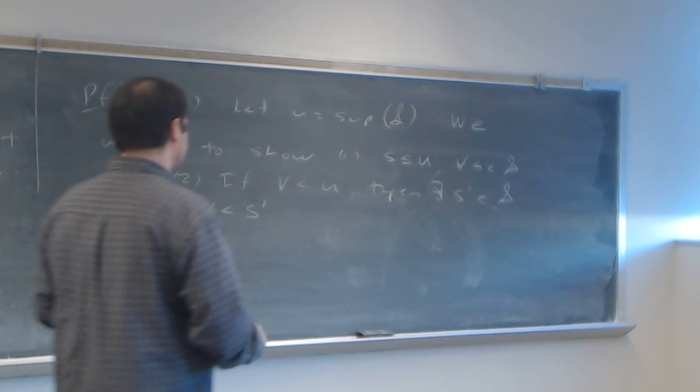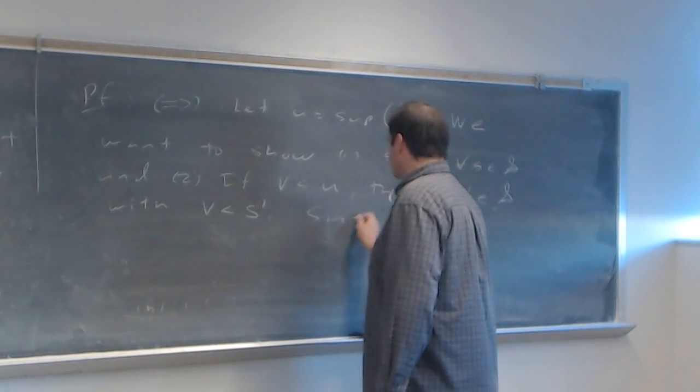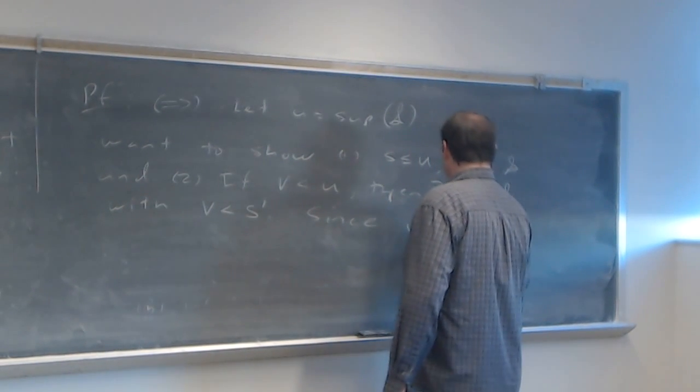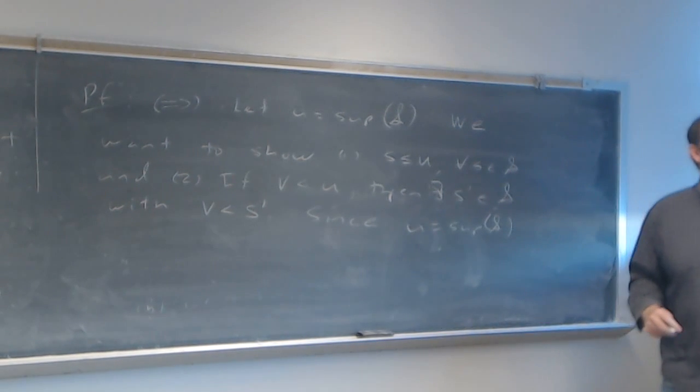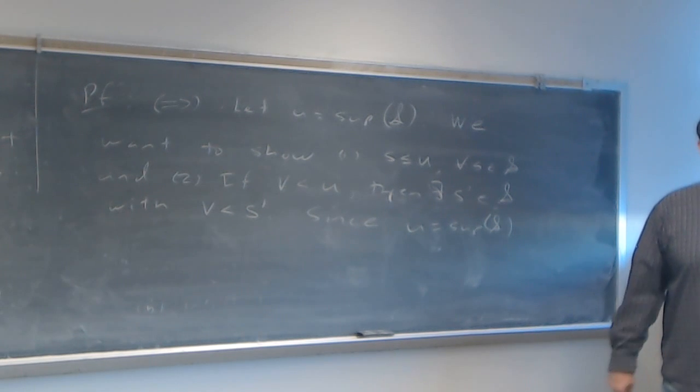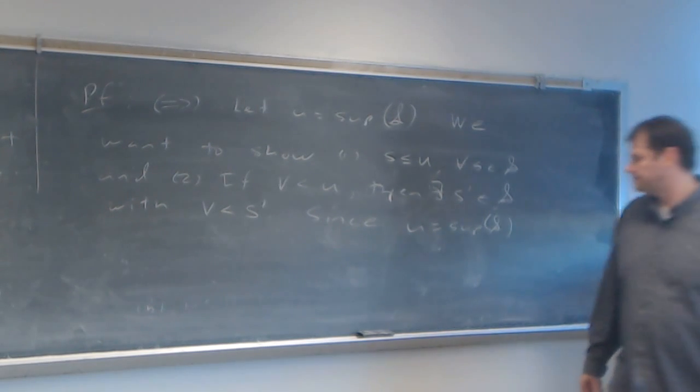Well, one is easy. Since u equals the supremum of script S, by definition, what does it mean for u to be the supremum? It meant two things. What was the first thing?